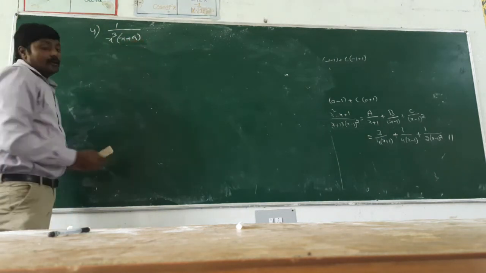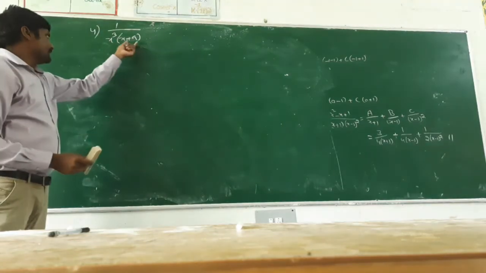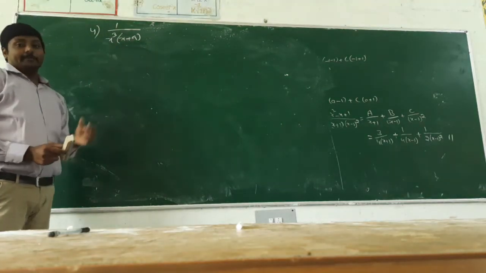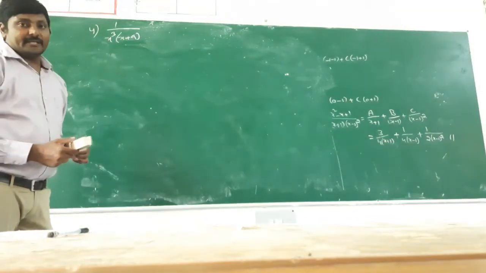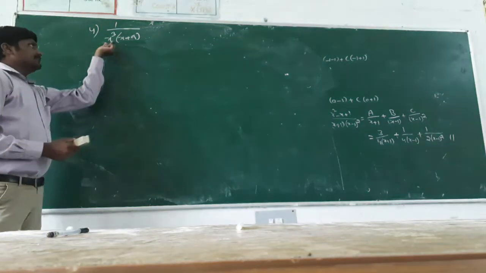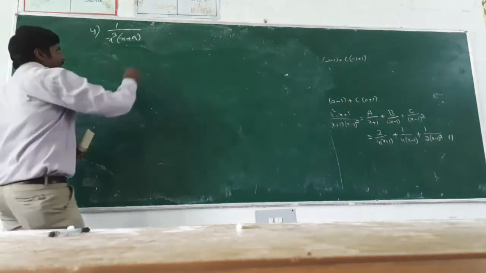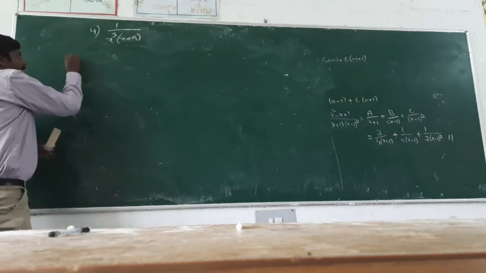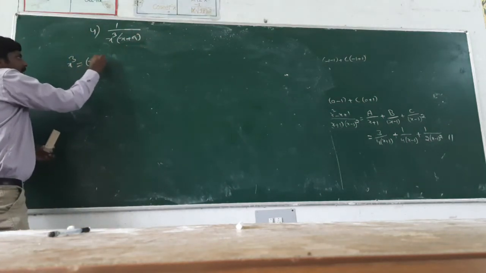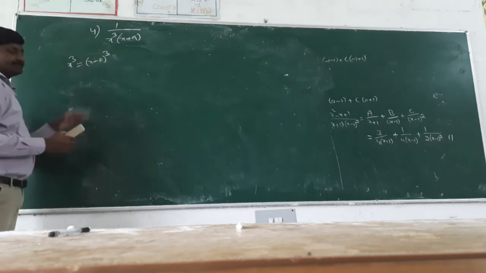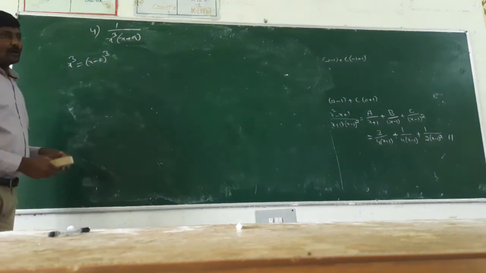x plus a is a non-repeated linear factor, but is x cube a repeated or non-repeated linear factor? x cube is a repeated linear factor. Why? x cube means (x minus 0) whole cube.